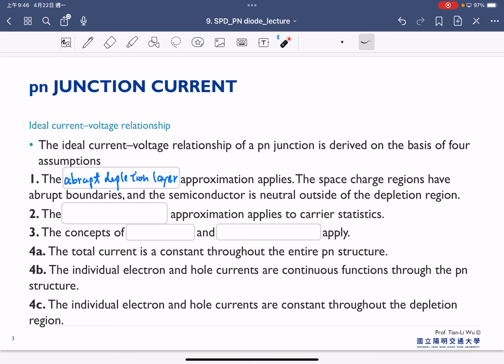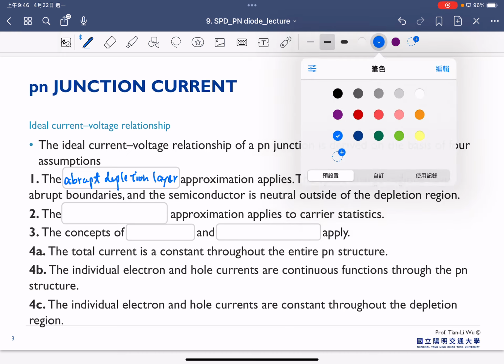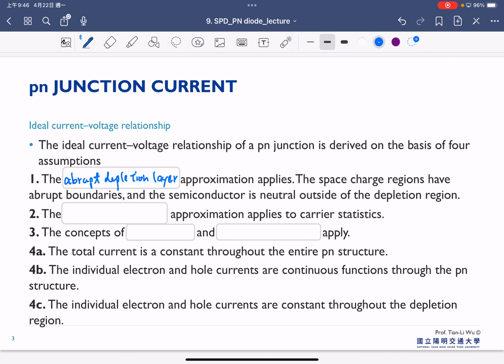The second one is we will consider the Maxwell-Boltzmann approximation, which applies to the carrier statistics. And in the third assumption, we only consider low injection and complete ionization.